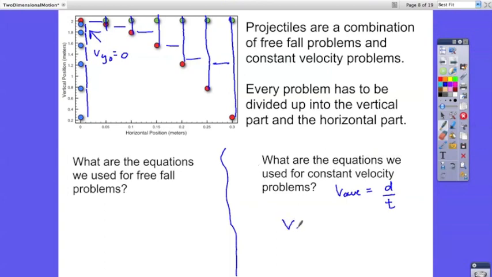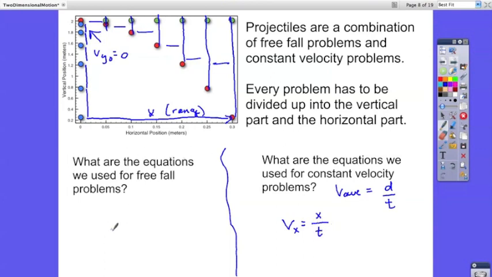And so we will say the x component of the velocity is equal to the x component of the distance, or that's also called the range. The distance from directly beneath the starting point to the ending point is x, and that is our range. The x component of the velocity is the x distance, the horizontal distance, divided by time.